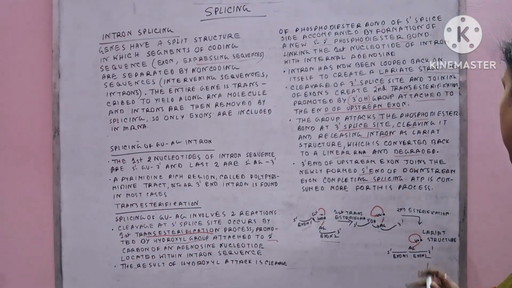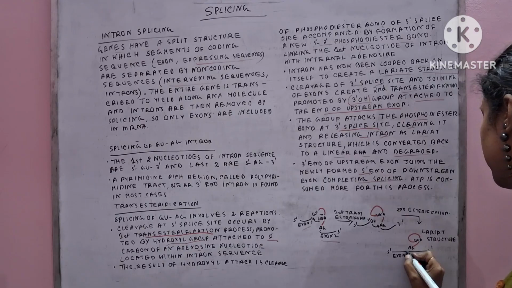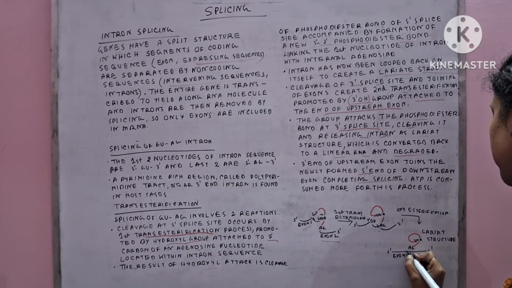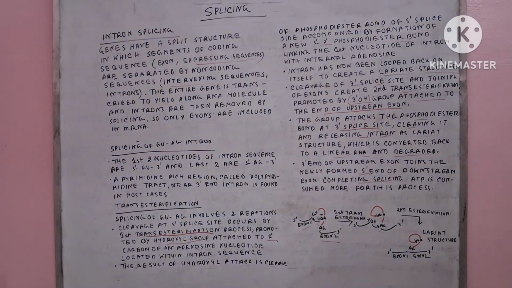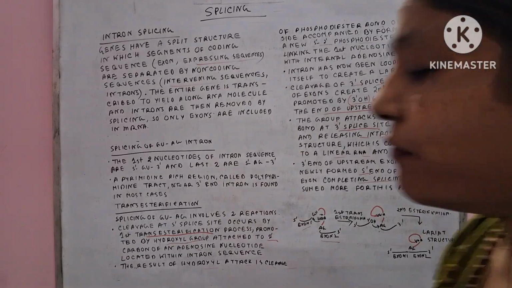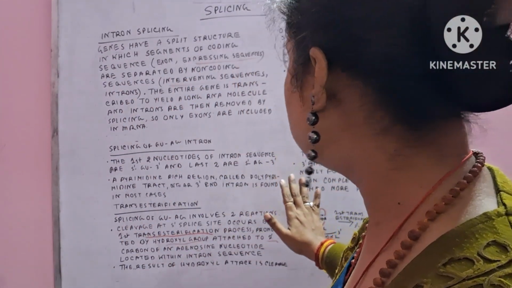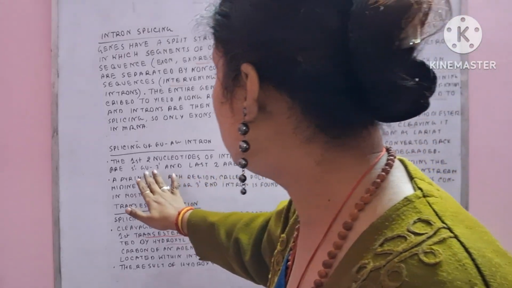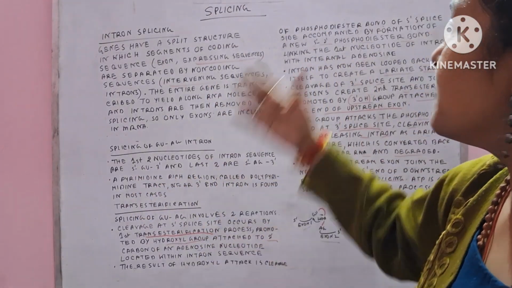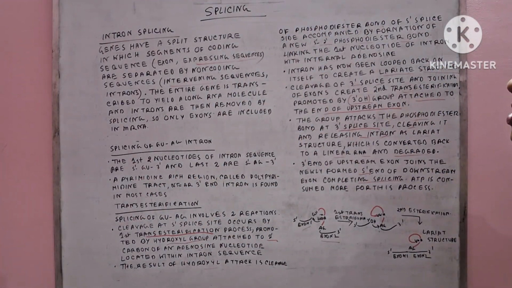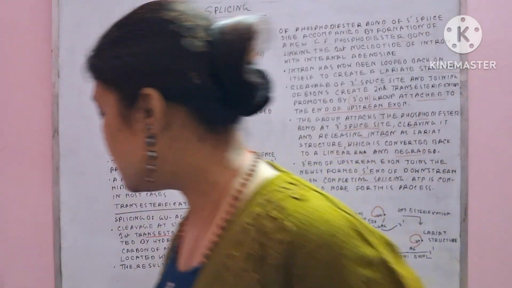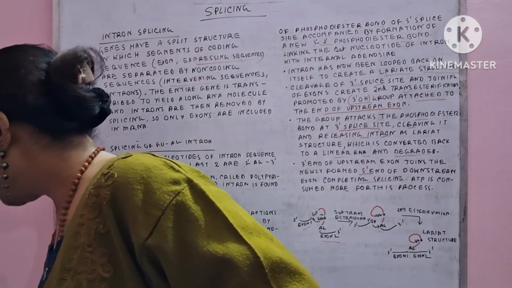Okay, linear mRNA. So this is the splicing of GU and AG. This is the splicing process of GU and AG, and these are two broad structures.